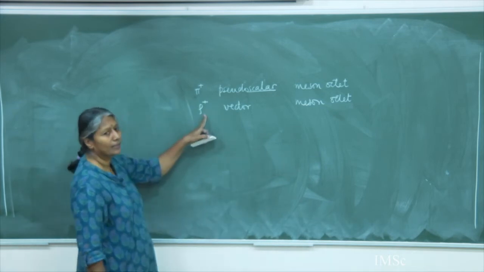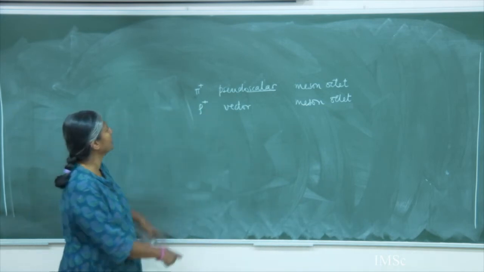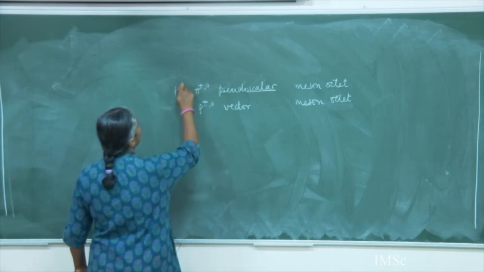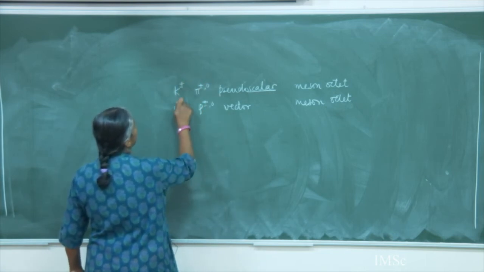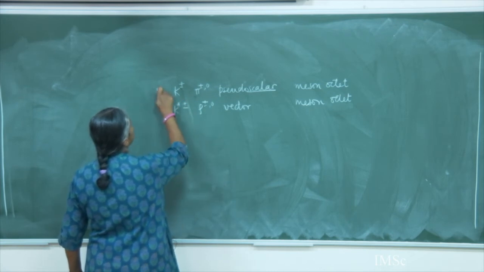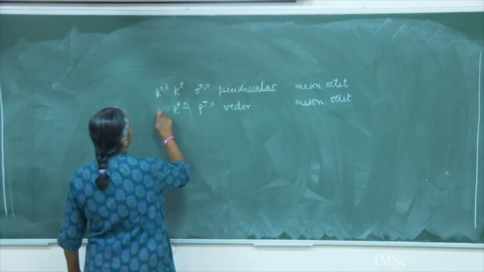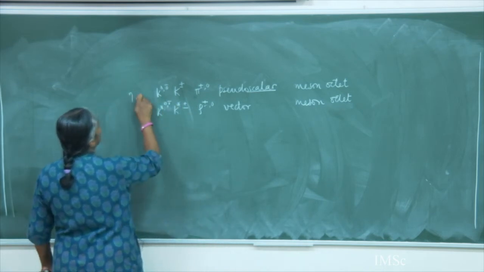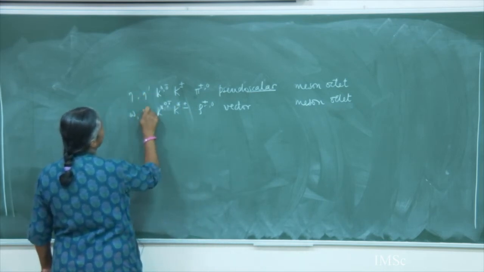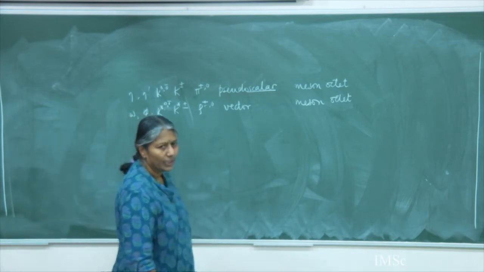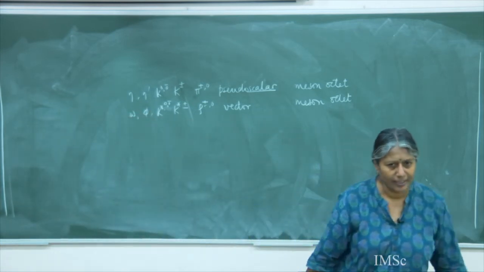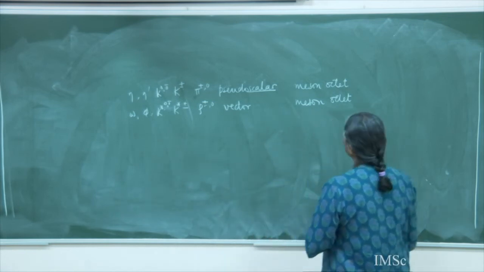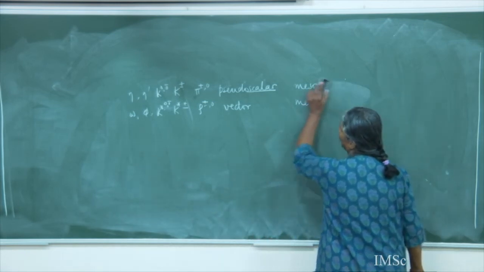This is also u d-bar, but with spin 1 it will be called the rho meson. Just like we had pi plus, minus, 0, there will be rho plus, rho minus, rho 0. K plus minus is called K star plus minus. K0 bar is called K star 0 bar, and then eta and eta prime, for some strange reason, are called omega and phi. Okay, just a remark. I think Prabhat will be interested in knowing this. So these are the vector mesons.